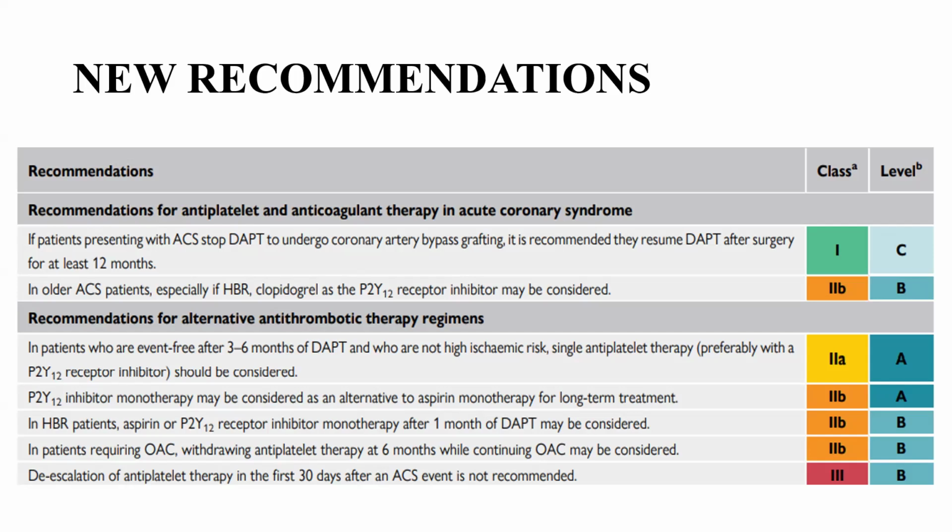And we know several factors influence the ischemic risk, the number of stents, the lesion type, diabetes, CKD, etc. So there should be a balance and a discussion, preferably with a team, to make a decision on that.